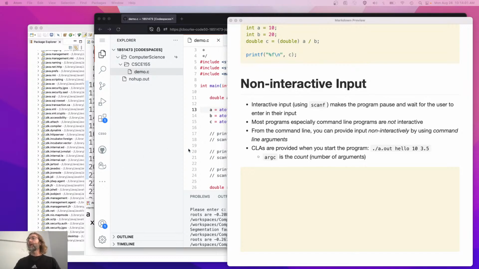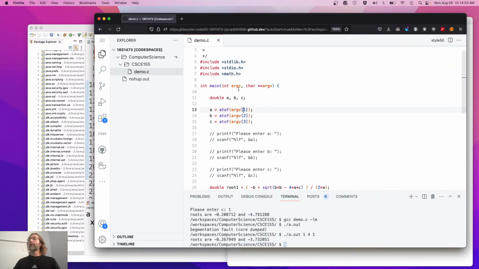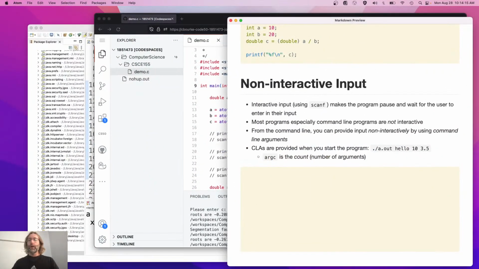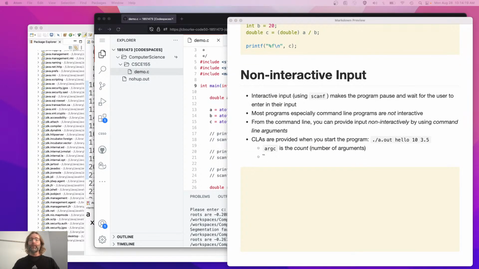Do you remember I told you to ignore those for now? argc and argv. That's argument count, the number of arguments that you get, in this case 4, because the executable file name, A, B, C, is what I'm expecting. argv is a vector, or an array, of arguments.